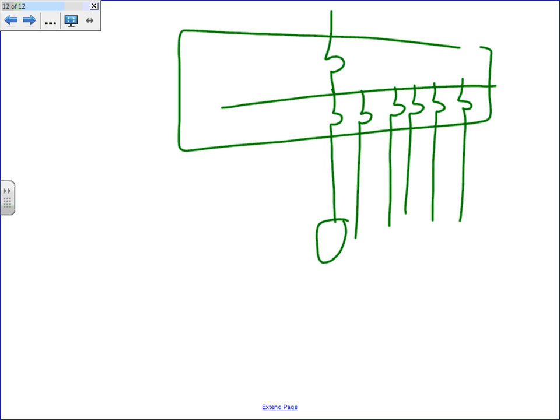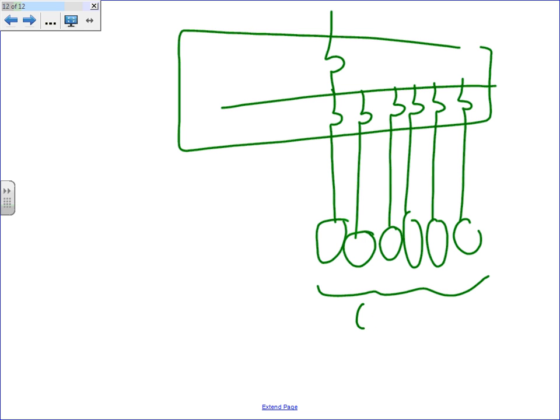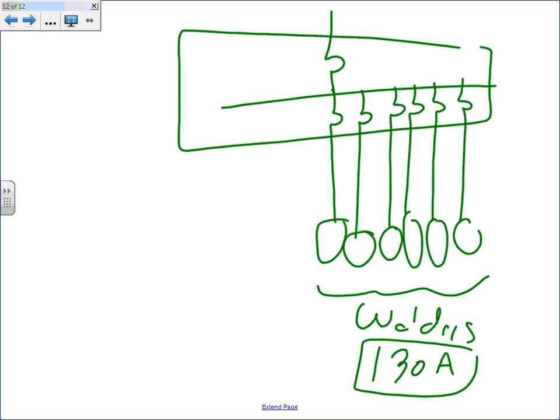These are all the welders, and we did the calculation for them. And what was the amp again? Not the panel, the full load amp, 130. I have 130 amps for these welders. It's already calculated, right? 130 amps.